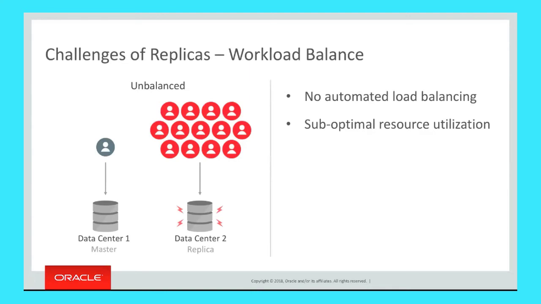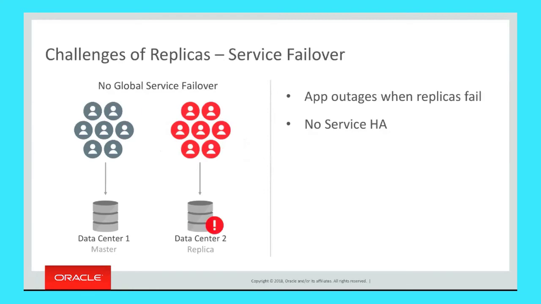In this scenario, without GDS, you don't have automated load balancing, which results in suboptimal resource utilization: underutilized resources on one data center and overutilized resources on the other database, and you couldn't leverage the free resources in the underutilized server to offload the work of an overutilized database server. That's a challenge for many DBAs prior to Global Data Services, and that's one of the pain points.